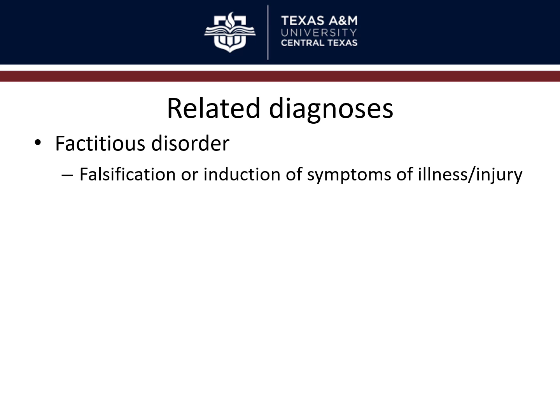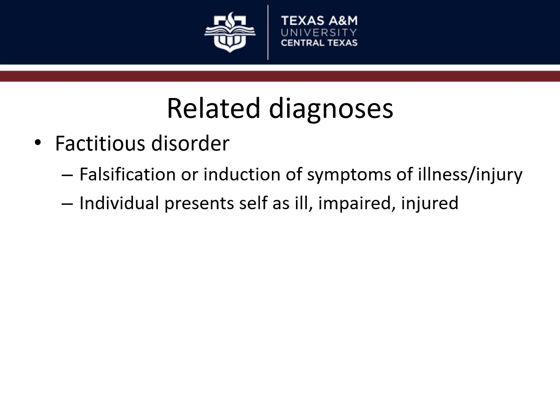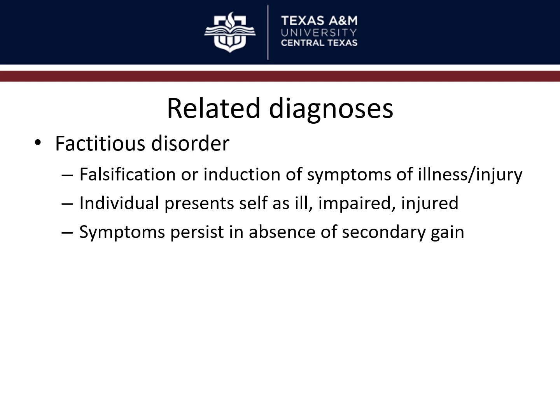But this isn't to get out of going to school. The kind of person who does this presents themselves as ill, impaired, and injured. And that's really important to them in terms of an identity. They are a sick person. We'll talk about it being assuming the sick role. And the thing that makes it different than getting out of school is the symptoms persist in the absence of secondary gain.